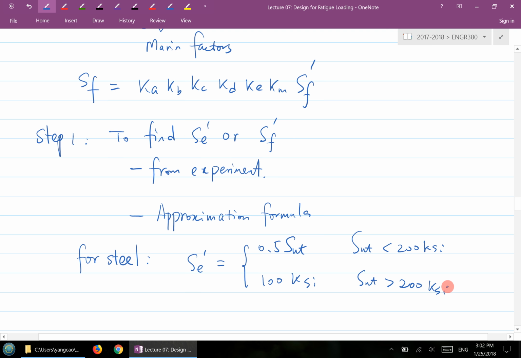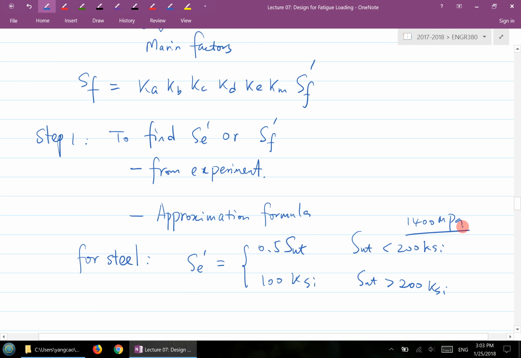If your Sut value is less than 200 ksi, you can use 0.5 times Sut as the approximate value for Se prime. Otherwise, you can use 100 ksi as Se prime. And 200 ksi is about 1400 MPa.